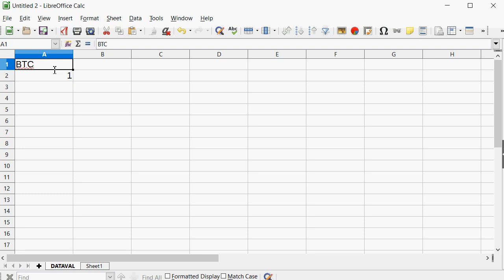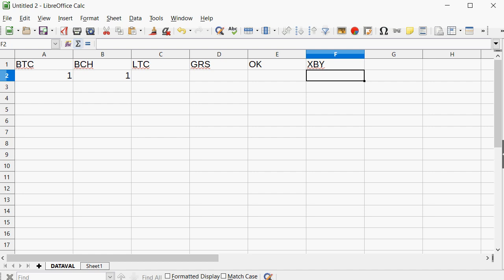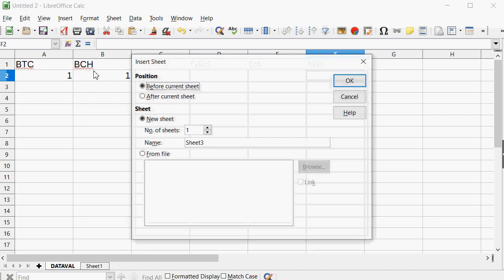Then we have BCH, which we would be given for free on August the 1st back then. So we have LTC, GRS, and XBY. We'll get to this part in a second. We make another tab and call it portfolio.